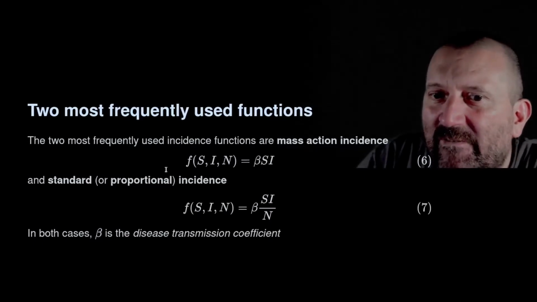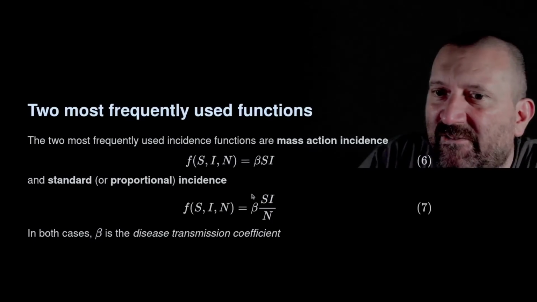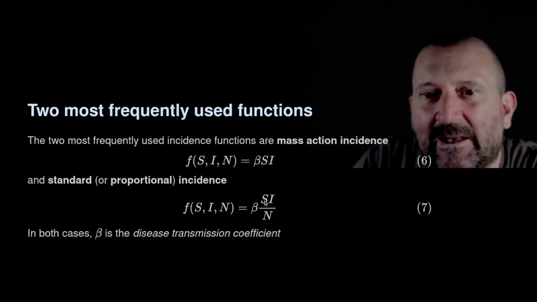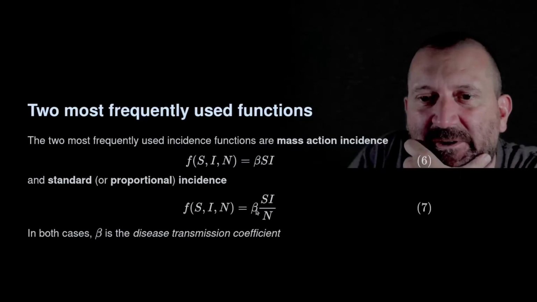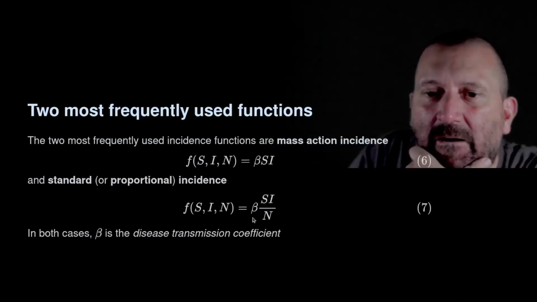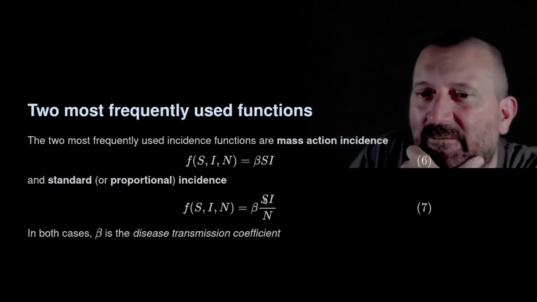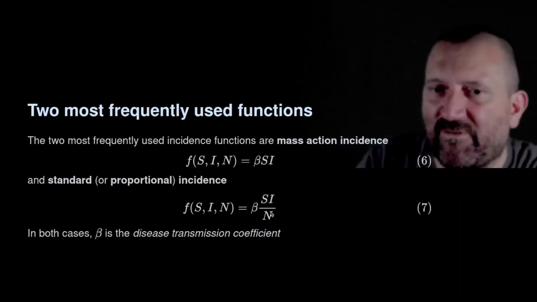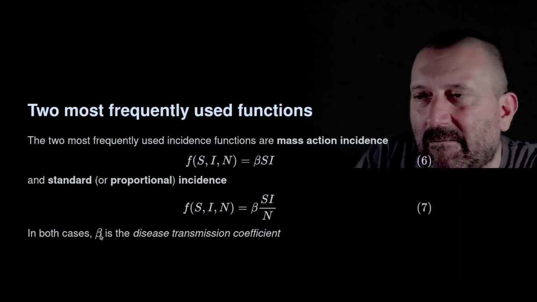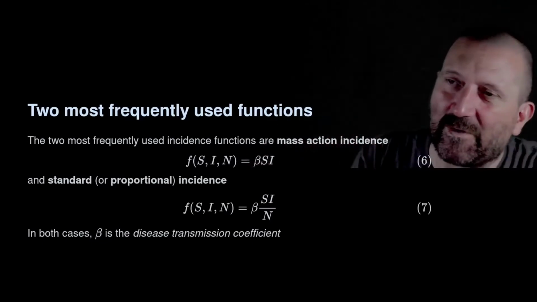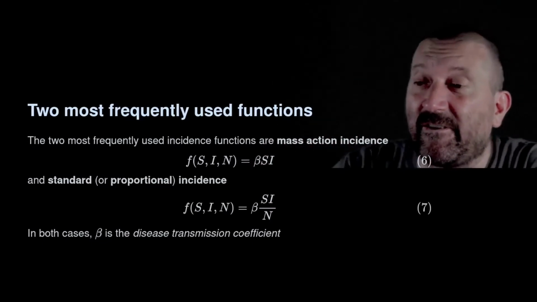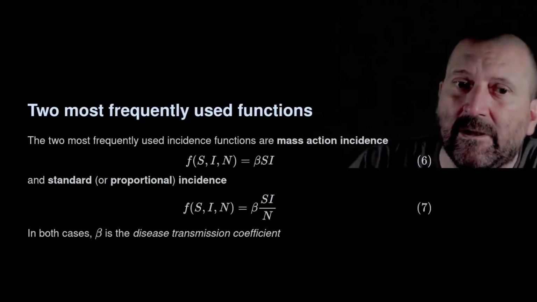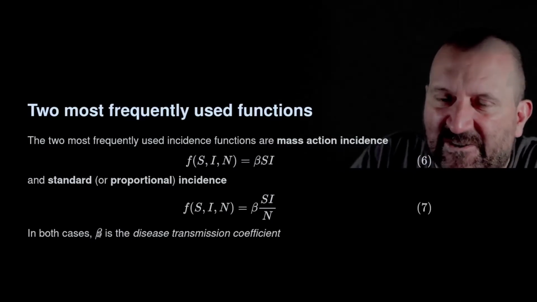The other form that's used a lot is beta SI over N. So in that case, we're dividing the number of contacts by the population that is present. And so the interpretation of beta changes.